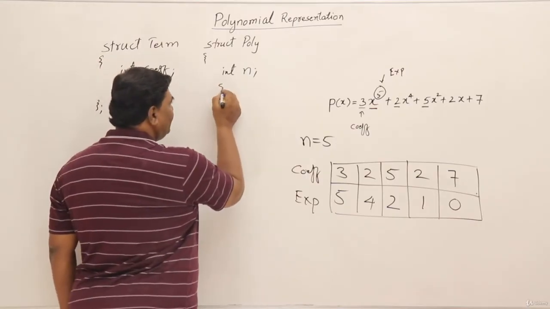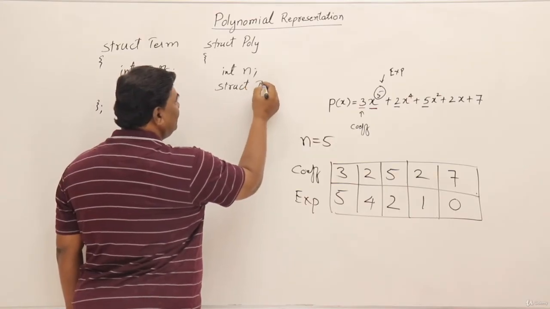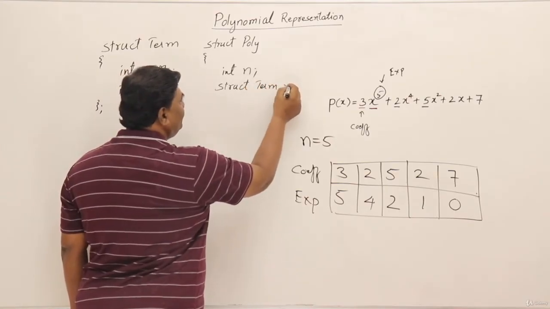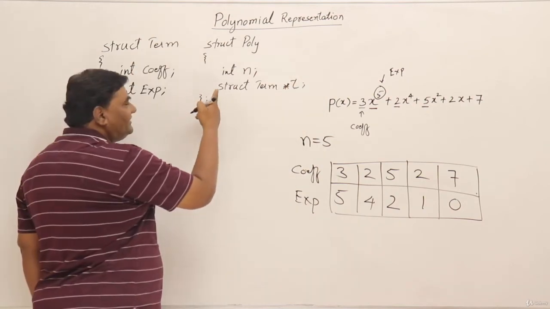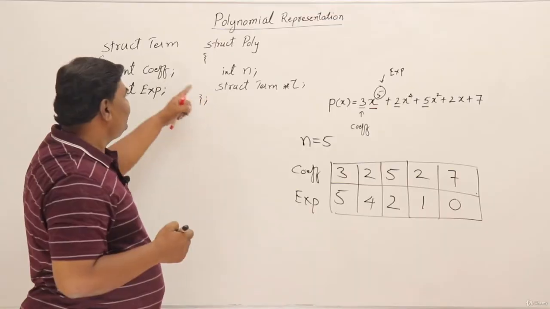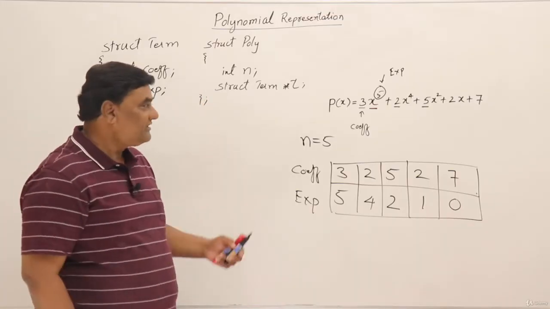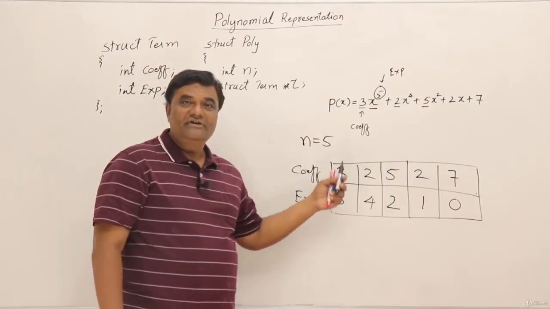So I will take a pointer here, struct term pointer t. So this is a structure for polynomial. A polynomial is using terms.